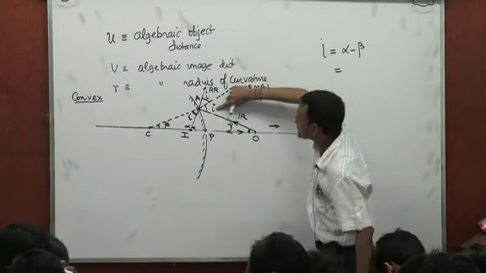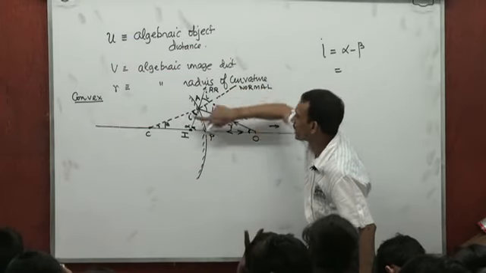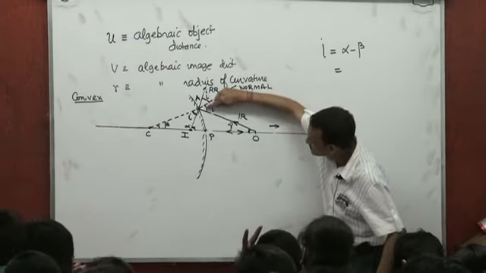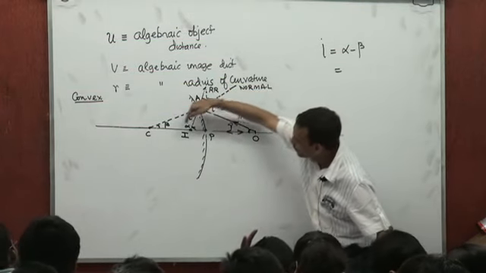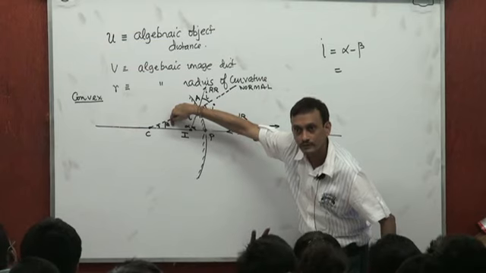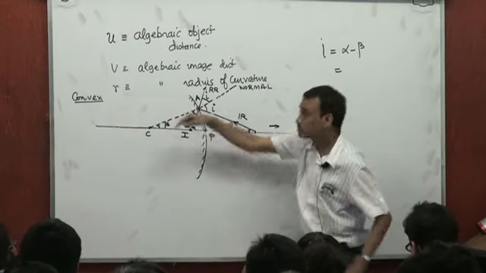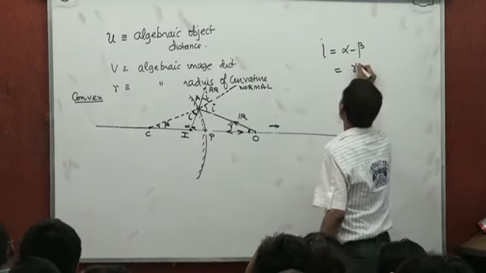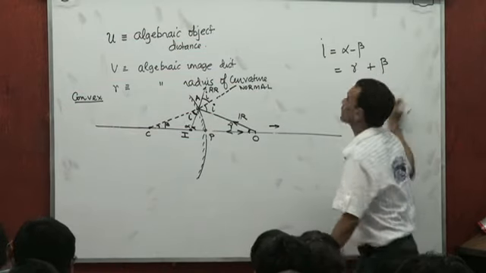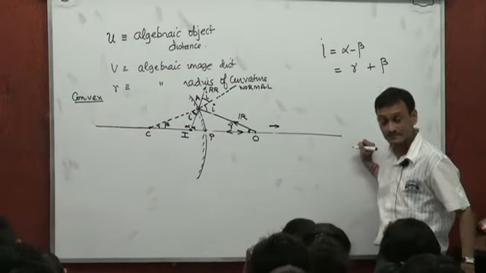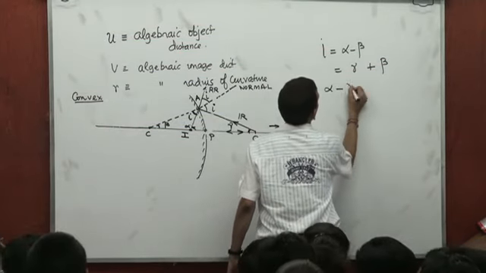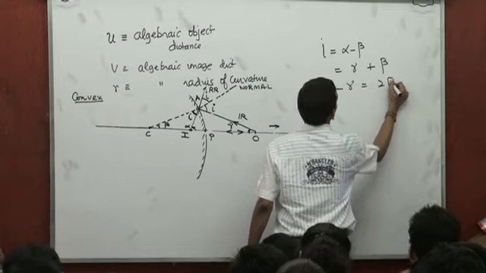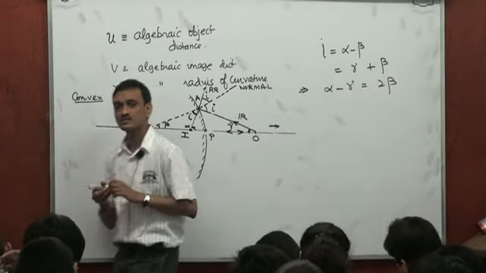And look at this I. That's going to be gamma plus beta. See this exterior angle I: it is gamma plus beta. Make sense? So we end up getting alpha minus gamma is 2 beta.